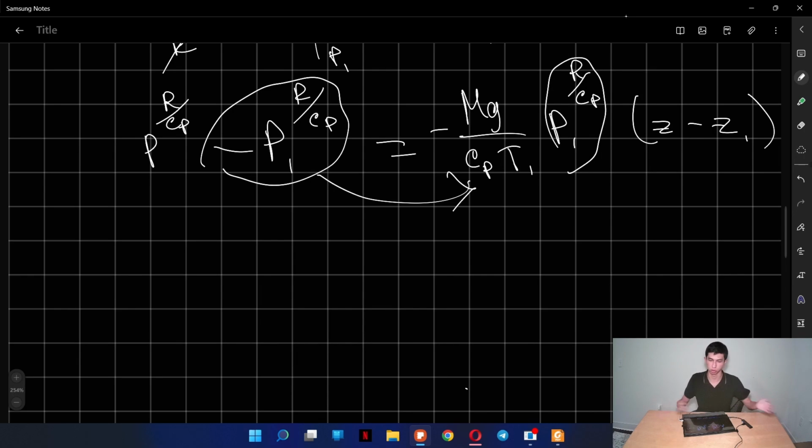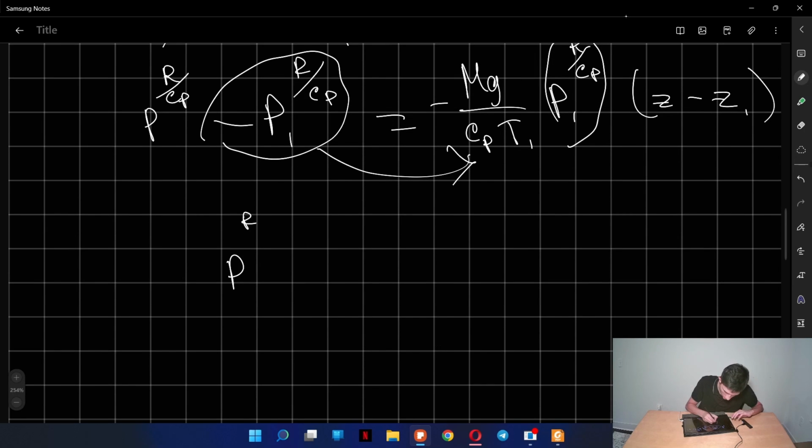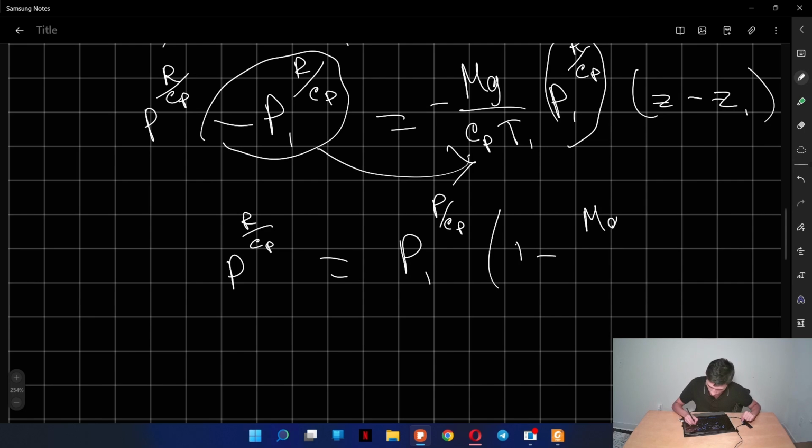We're going to have two pressures, so I'm just going to factorize the right hand side. So our P to the power R over Cp is going to be equal to P initial to the power R over Cp, and so it's going to become 1 minus mg over Cp T, z minus z initial, right?